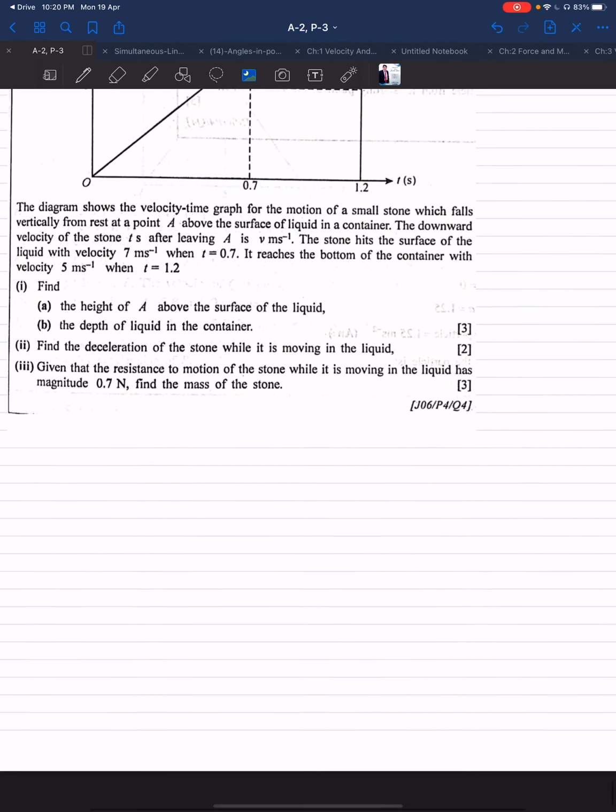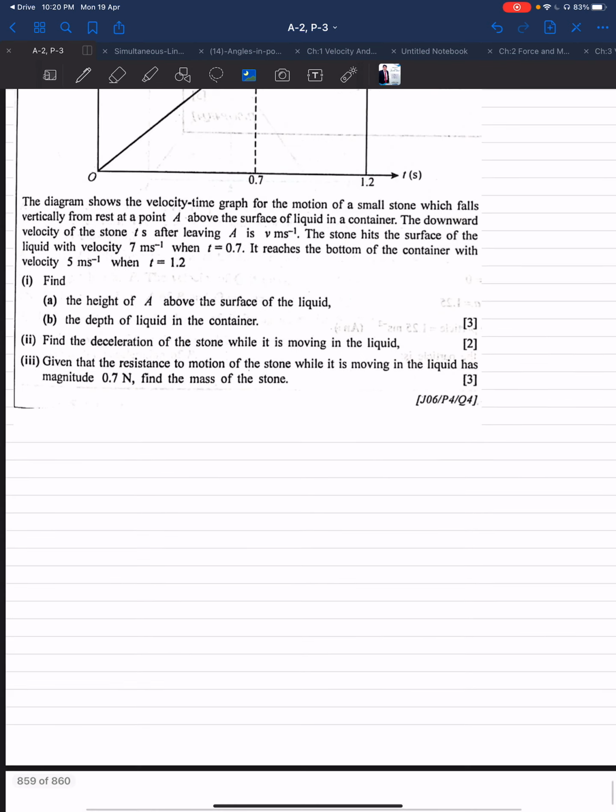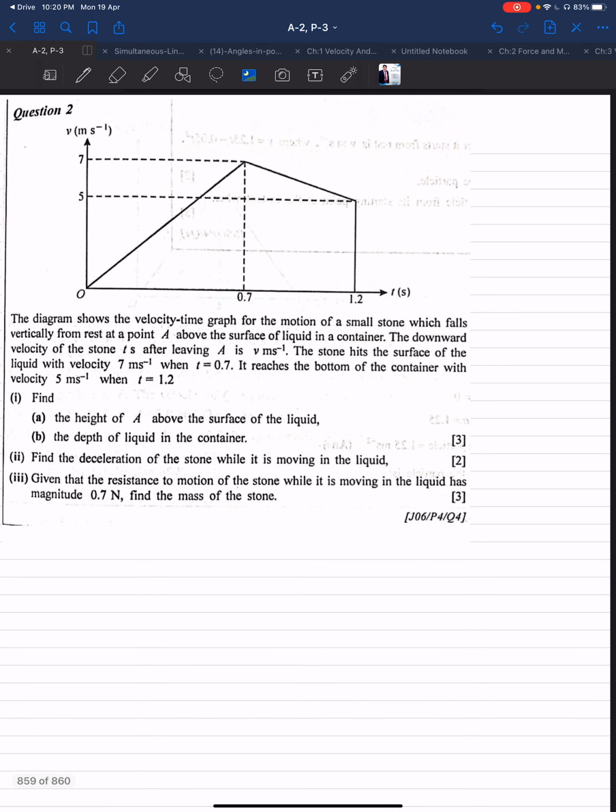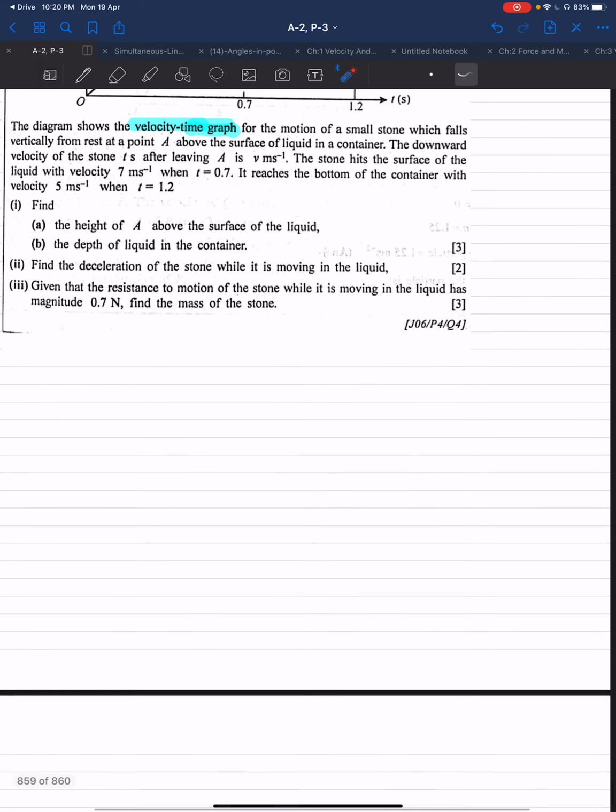In this question, the diagram shows the velocity time graph for the motion of a small stone which falls vertically from rest at a point A above the surface of a liquid container. So I'll make this container for you.